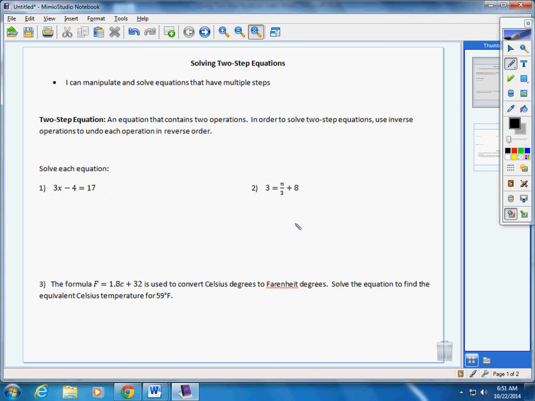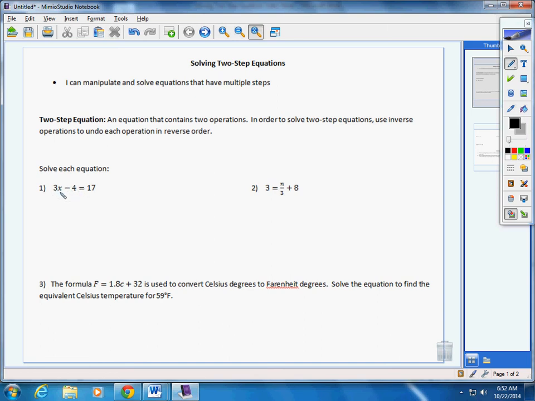But in multiple step equations, when we're trying to get a variable by itself, we're going to reverse that, and we're actually going to do the addition and subtraction first. We're going to try and get rid of everything that's on the same side as x, but we're going to get rid of everything that's not attached to x first.